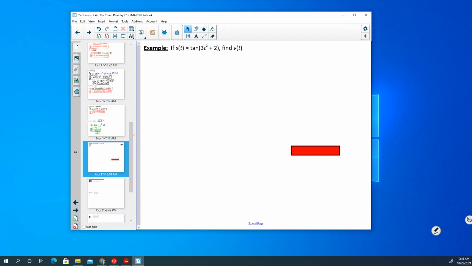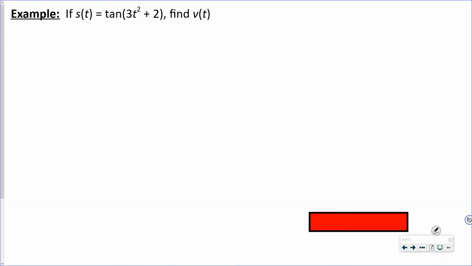Okay. Little application problem here. If my position function is tangent of 3t squared plus 2, find the velocity. What do we know about the relationship between position and velocity? Velocity can be negative or positive. Okay, yep, velocity can be positive or negative.